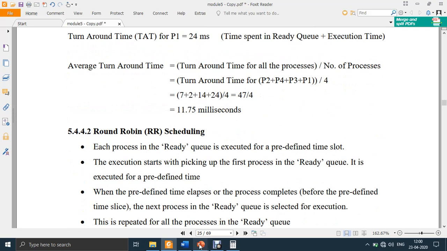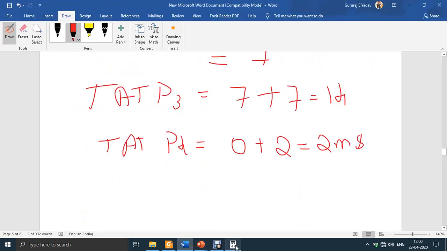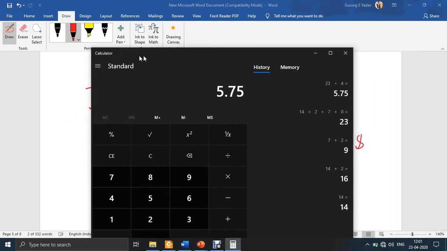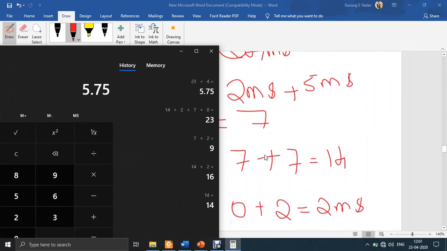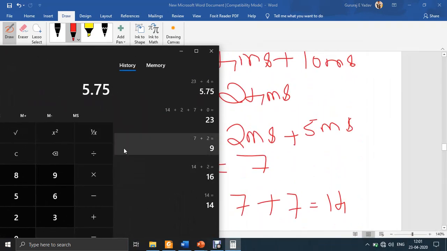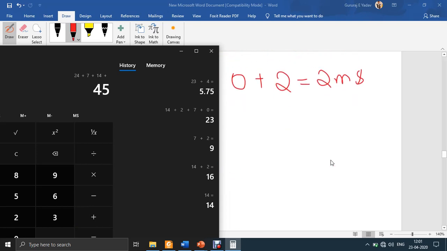Now, how will you get the average? Go to the calculator. I'll first clear the entry. TAT for P1 is 24 plus TAT for P2 is 7 plus TAT for P3 is 14 plus TAT for P4 is 2.